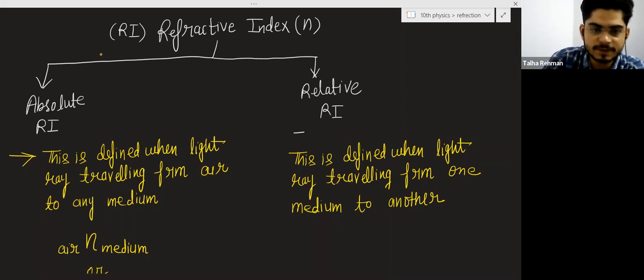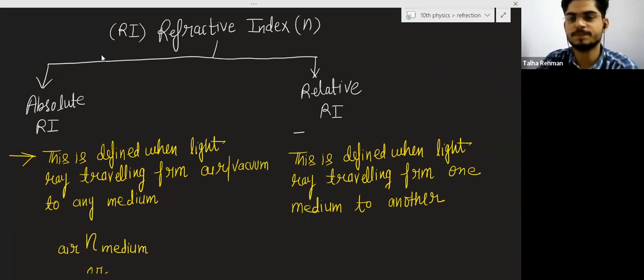And you can say here air or vacuum also. Vacuum means free space. Vacuum is free space. No particle is present in the space.